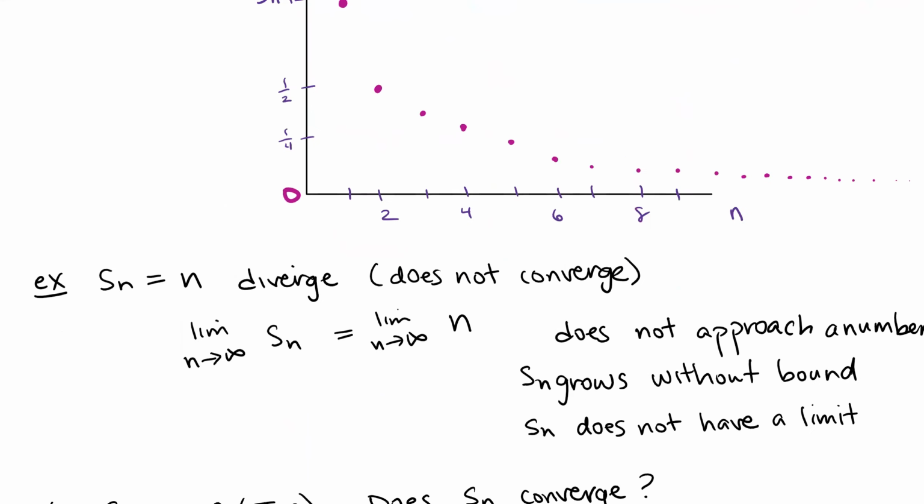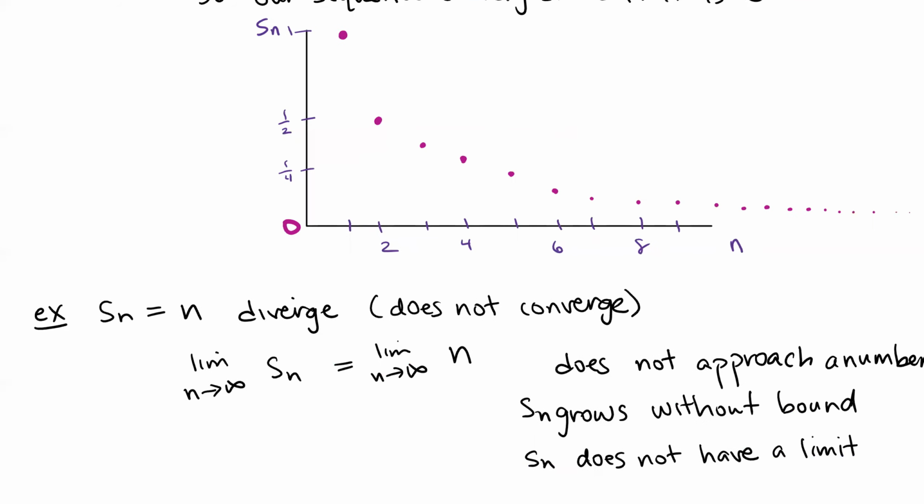Okay, let's go back to our example, Sn equals n squared, which we had earlier. And we said that this one diverges, because it does not converge. So if we take the limit as n goes to infinity of Sn, what we're looking at is the limit as n goes to infinity of n squared.